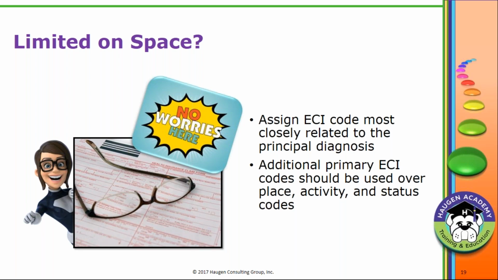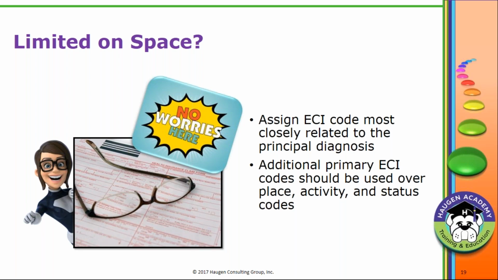Now, if you're limited on space, and I don't know a whole lot of hospitals that put conditions on reporting ECI codes, but if you are not able to report all of them, you want to assign the ECI code most closely related to the principal diagnosis. And additional primary ECI codes should be used over the place, activity, and status codes.